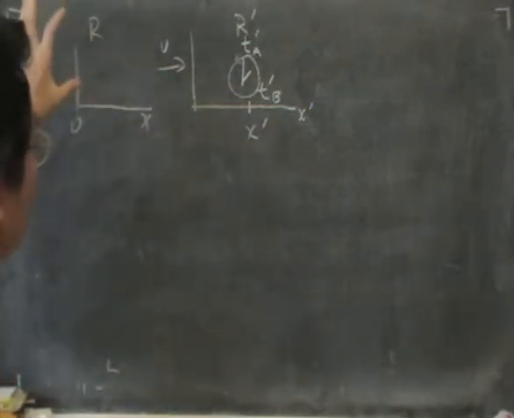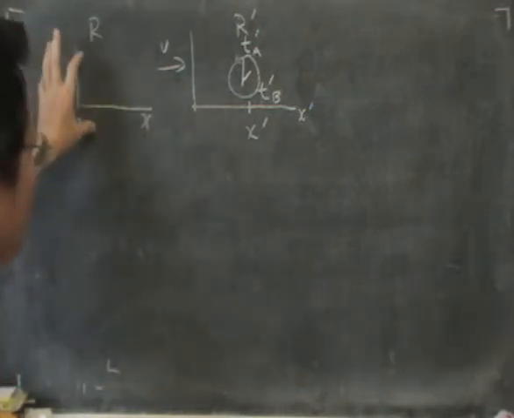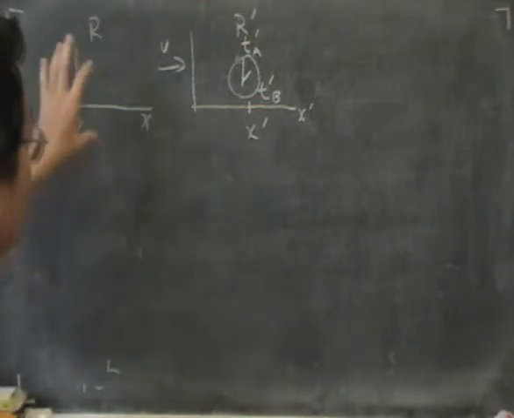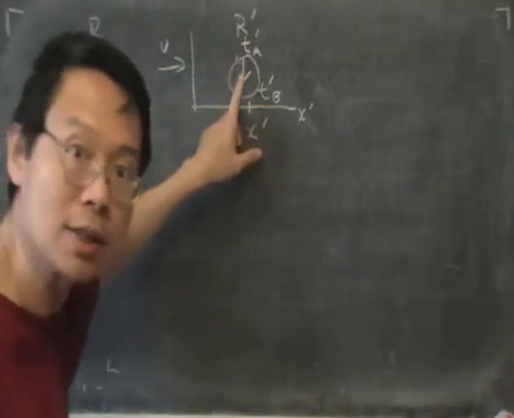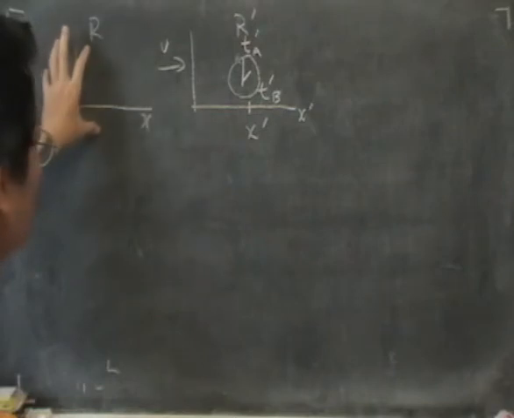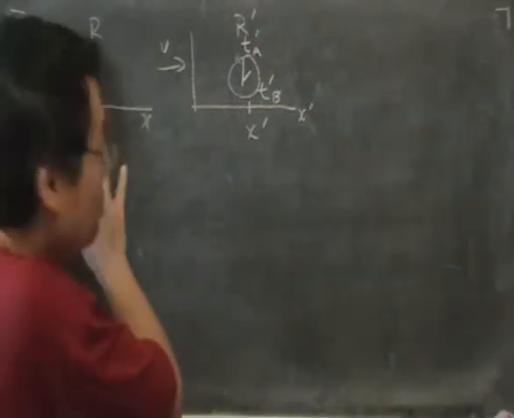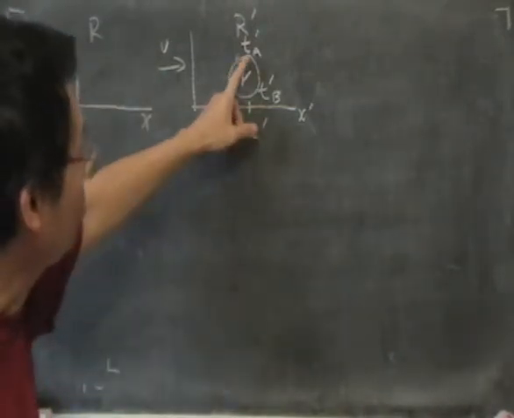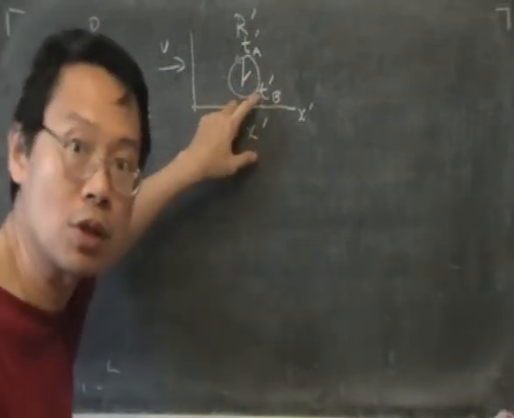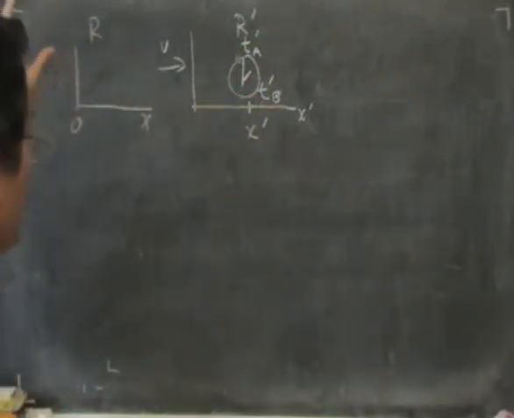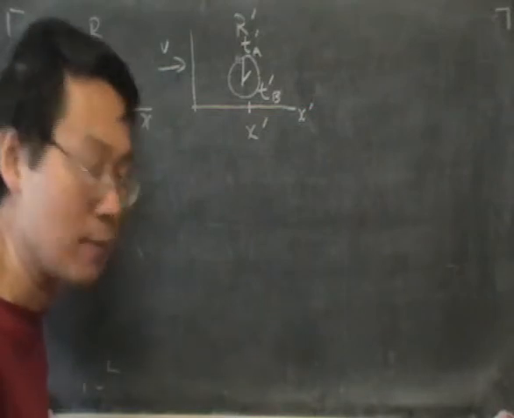So using that clock, they will check when the minute hand was here at the start. This observer will check their time, and when the minute hand reaches the other position of the clock, this observer will check their time again.